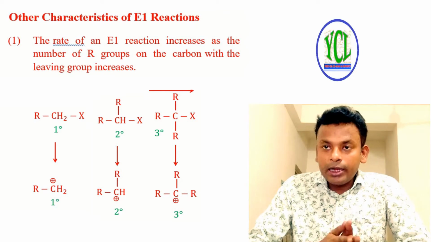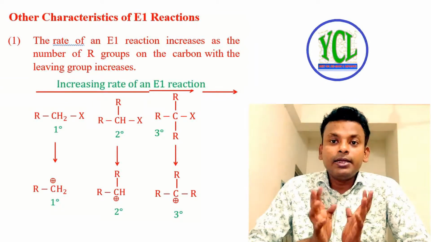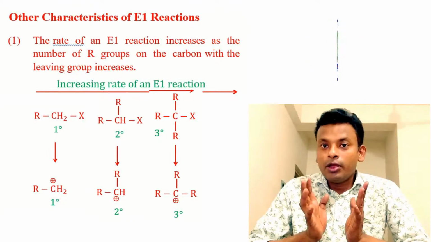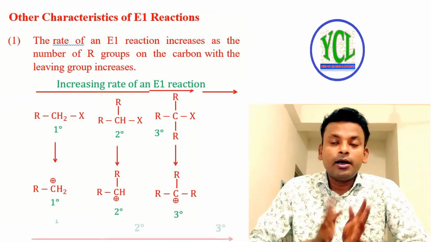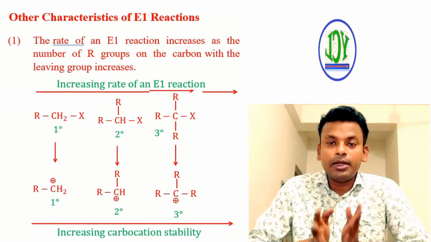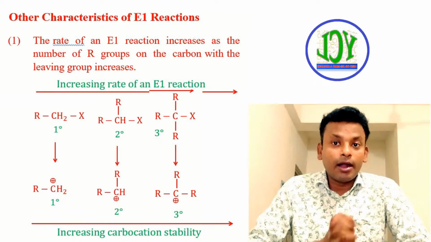Here, from 1 degree to 3 degree, the rate of the reaction increases because it forms a more stable carbocation. We know that the 3 degree carbocation is more stable, so the rate increases with the stability of the carbocation.